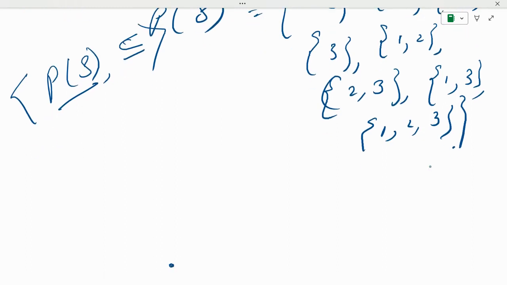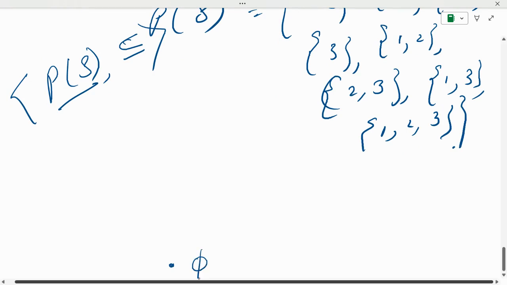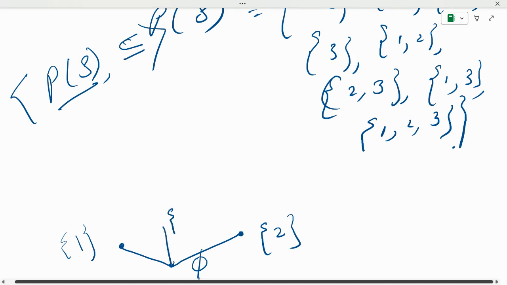So we will start with phi. Now phi is comparable to 1, phi is comparable to 2, phi is comparable to 3. So phi is comparable to 1, 2 and 3.